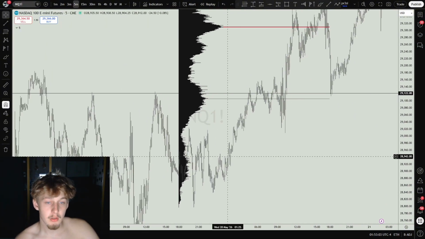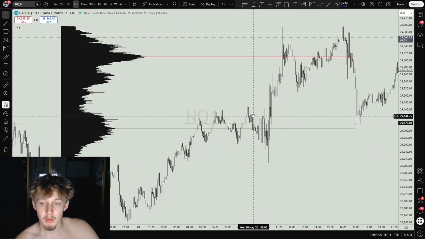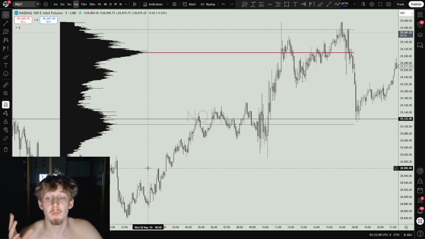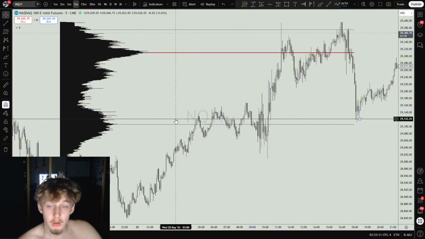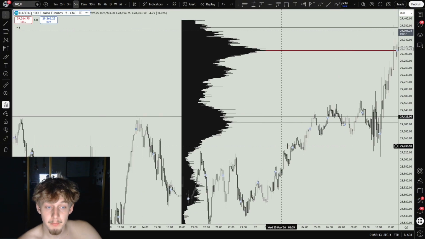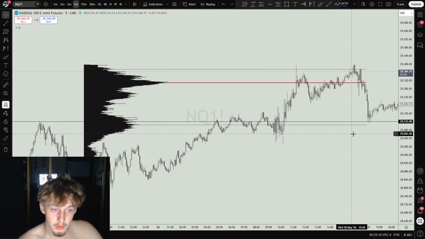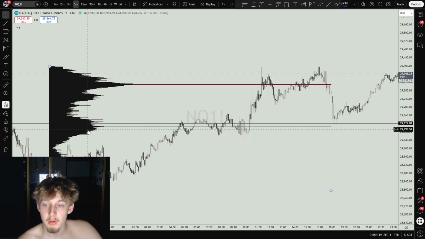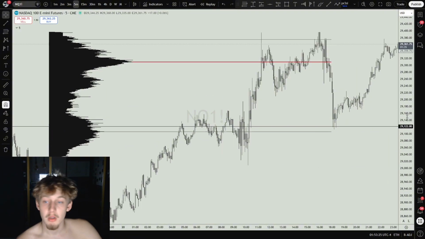What we see here is this really weird shaped volume profile, but what you notice is that value area low is very close here, but it's also a pretty strong high volume node.